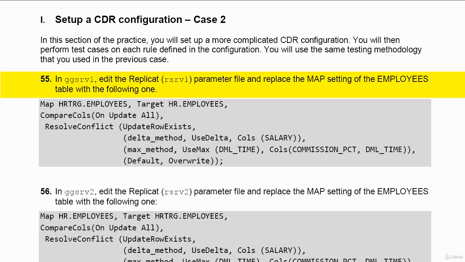In GGSRV1, edit the replicate parameter file and replace the map setting of the employees table with the one shown in the document.